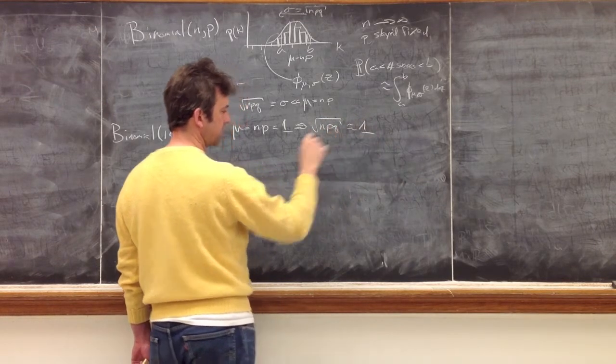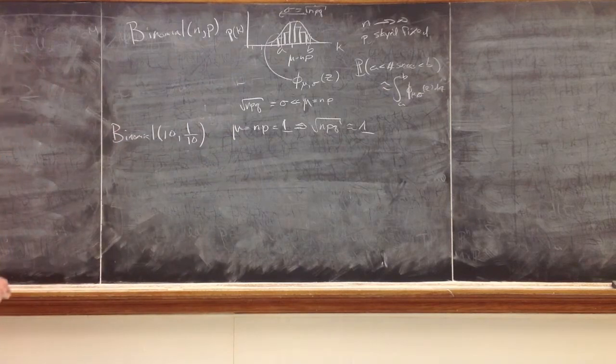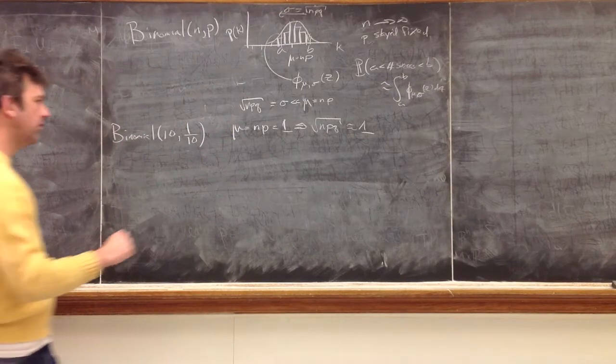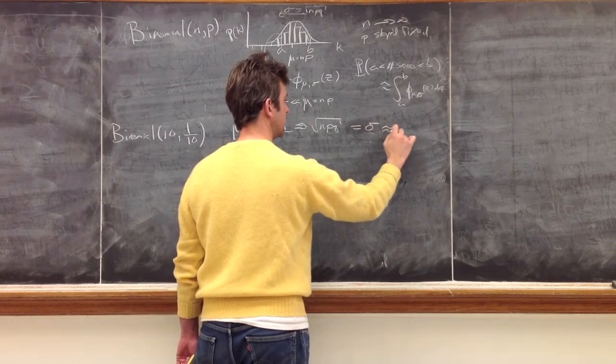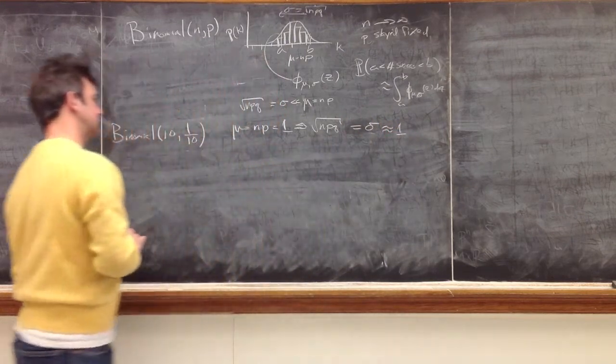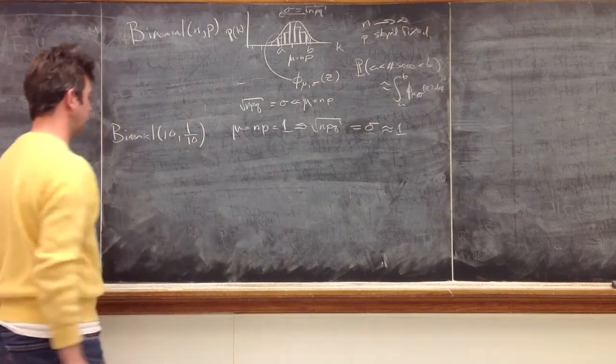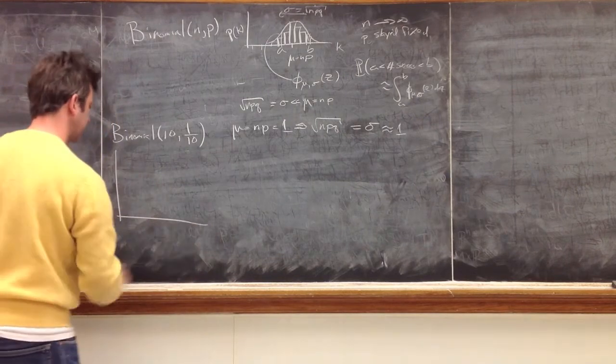It's not exactly 1 because q is a little bit less than 1, but it's more or less 1. So now, all of a sudden, sigma is comparable to mu.